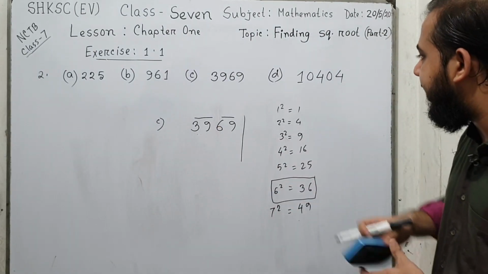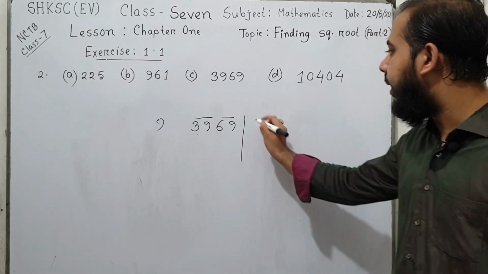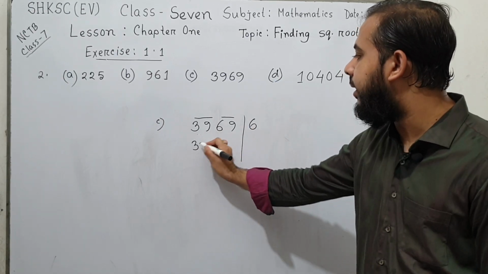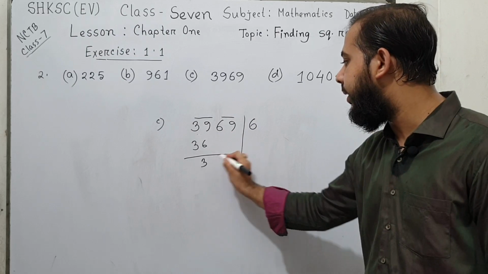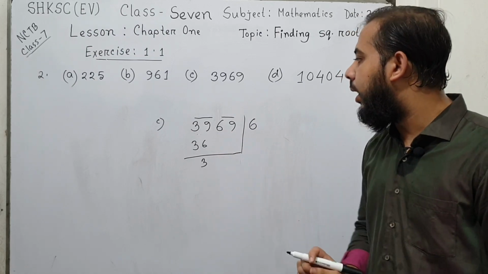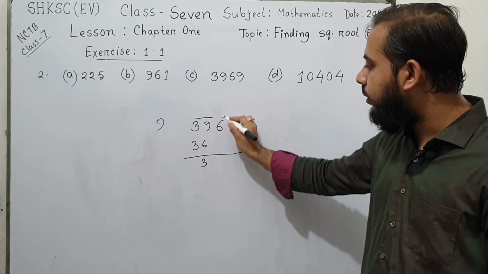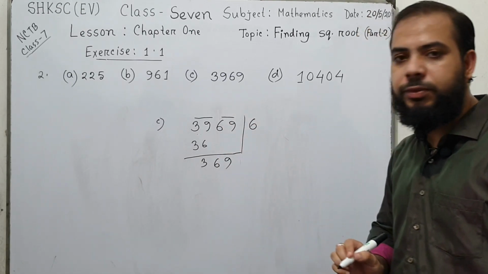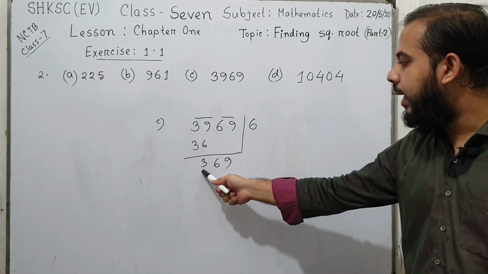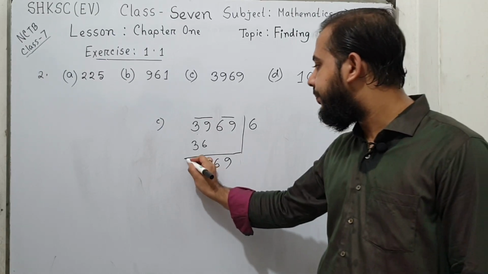So we have to take 6. So if we make 6 square here, we get 36. Then we subtract it. After subtracting, we will get 3, and we have to put down the next pair of digits. The next pair of digits is 69. So we will get 369.